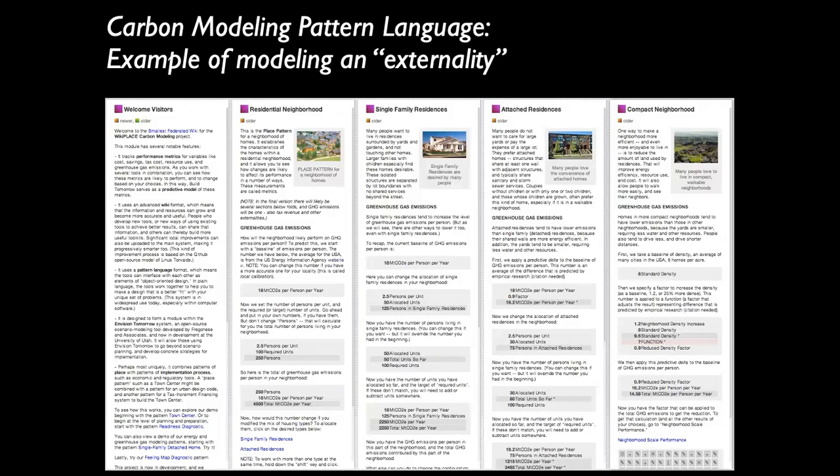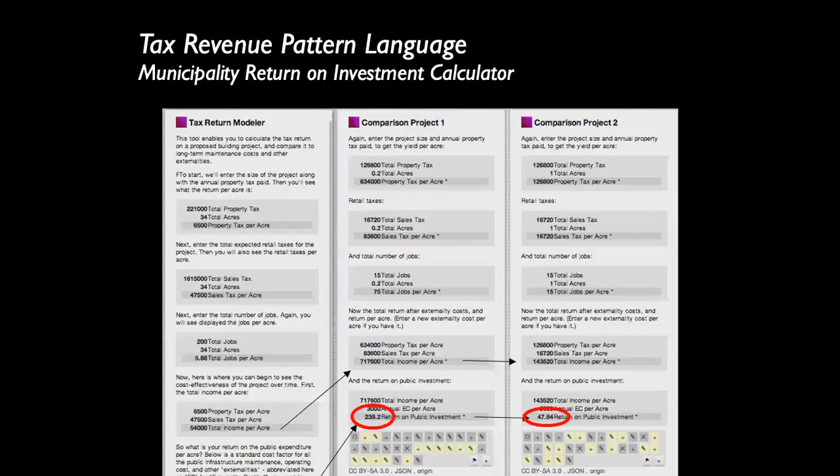So here's examples of how you take, say, residential neighborhoods, whether you have single family versus attached, whether you have a more compact neighborhood and so on, and you apply the algorithms based upon what the research tends to show for that, from the baseline to the delta that you would get by going to the alternative scenario. And you can do that for many different things.